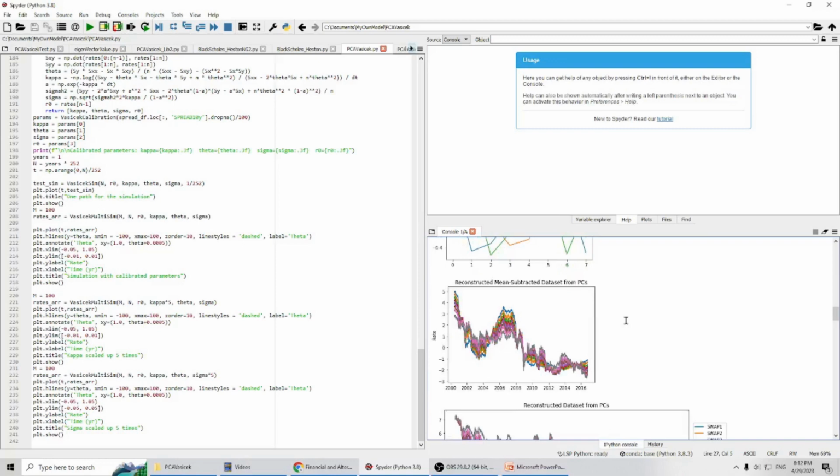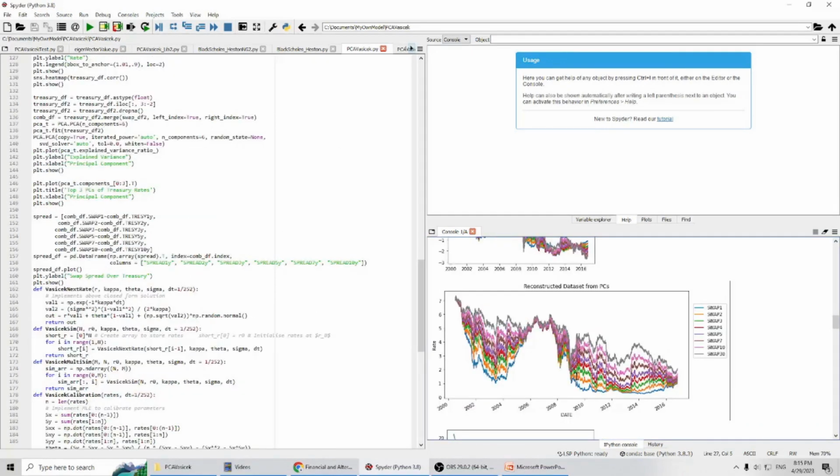And then I reconstructed the data set with the mean subtracted. It looks like this. After I add back the mean to the reconstructed data set, it looks like this.